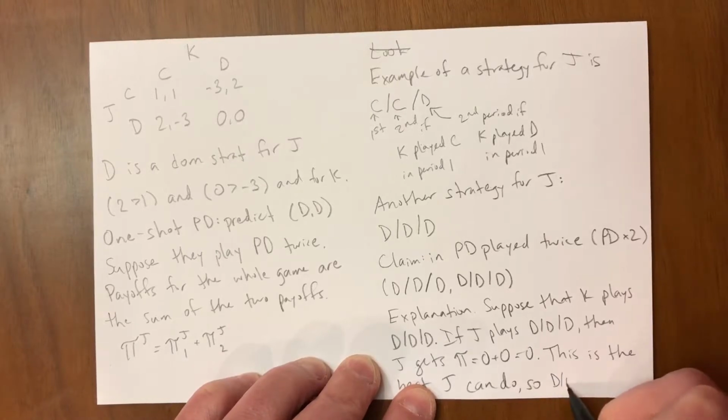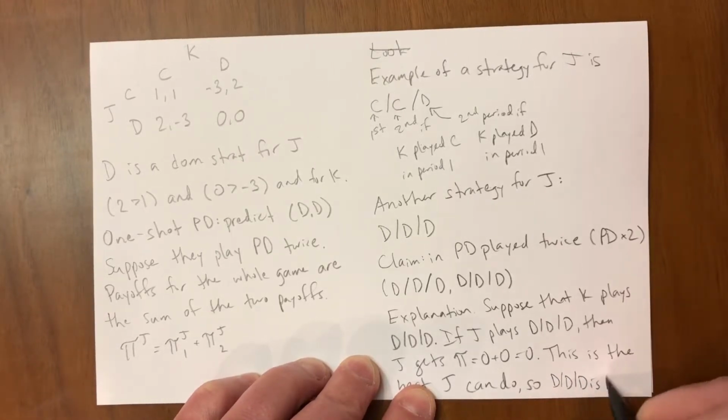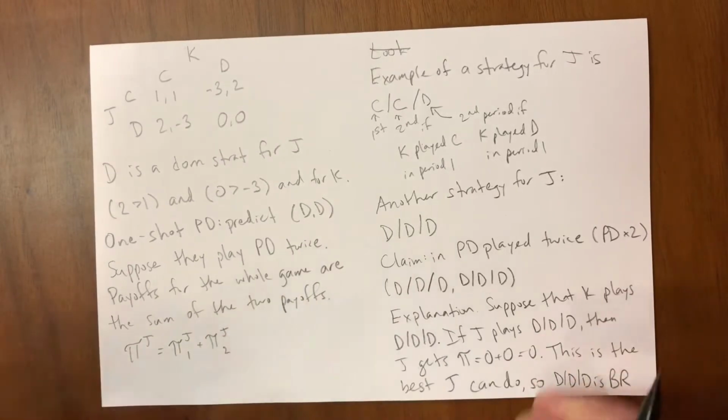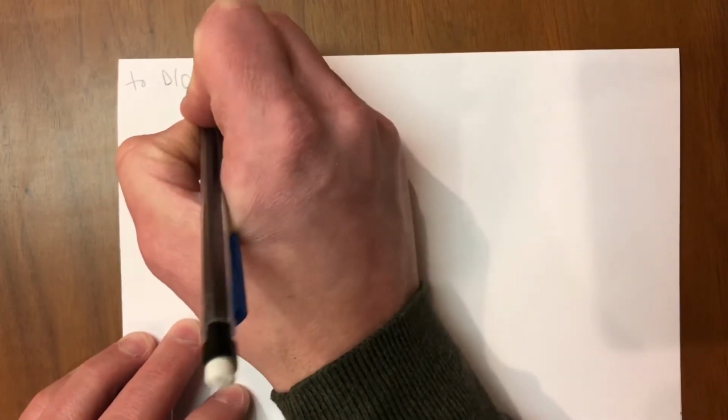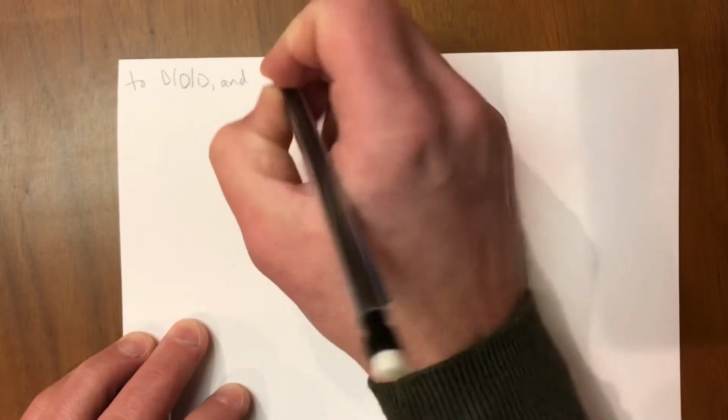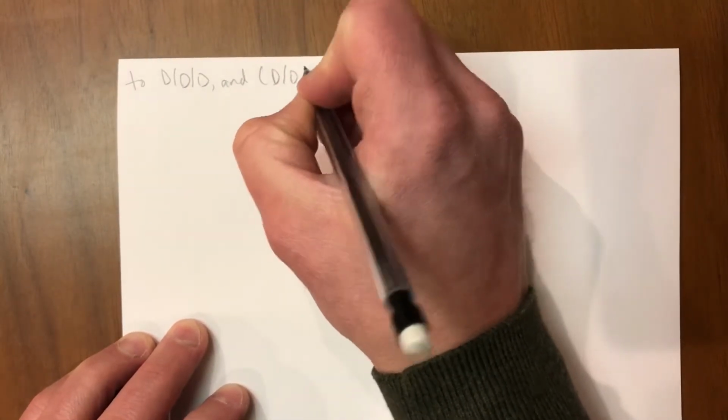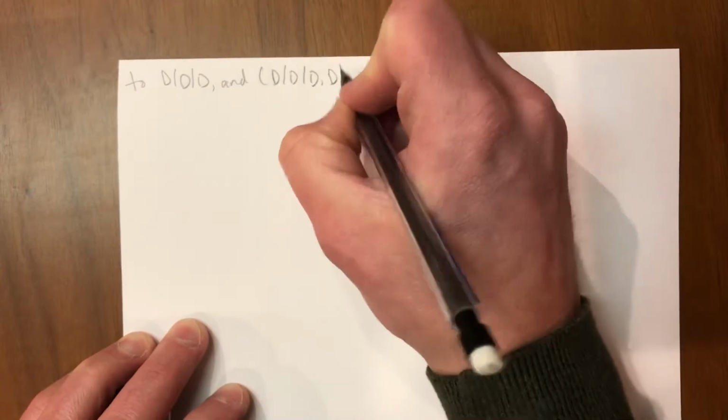So DDD is a best response to DDD. And so, of course, that means that we have a Nash equilibrium.